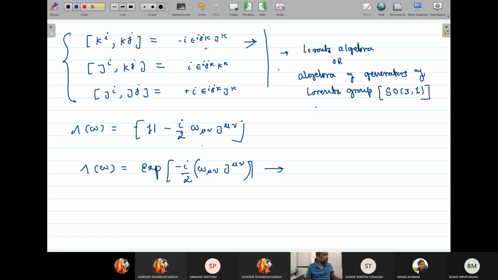Hence the boost part does not form a subgroup. But still, boosts by themselves belong to the Lorentz group. The set of all boosts does not form a subgroup of the Lorentz group, unlike the rotations. That is the main difference.